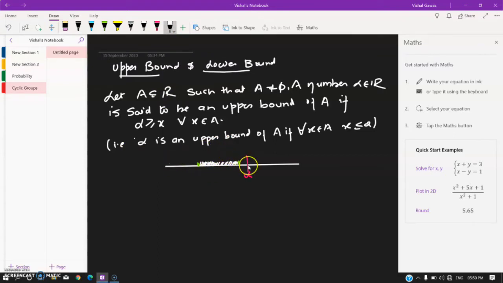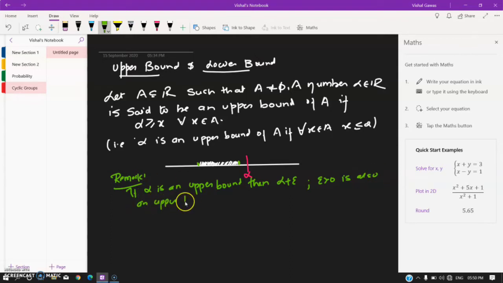Now remember one thing: if alpha is an upper bound, anything bigger than alpha also serves as an upper bound. Right? So a remark here: if alpha is an upper bound, then alpha plus epsilon, where epsilon is positive, is also an upper bound.